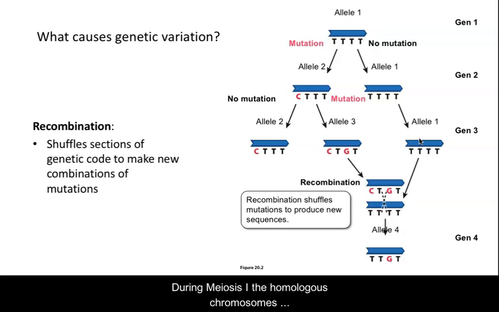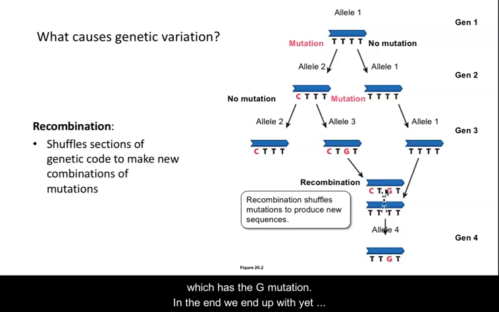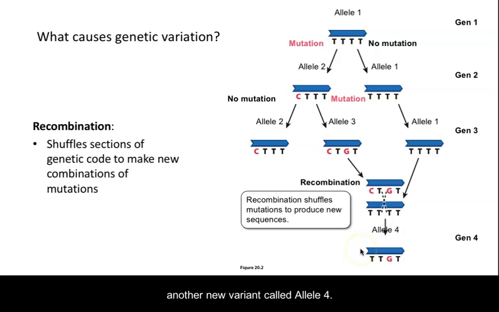During meiosis 1, the homologous chromosomes line up side by side, and through crossing over, they exchange sections of DNA. In this simplified example, the TT from allele 1 is exchanged for the same section from allele 3, which has the G mutation. And in the end, we end up with yet another new variant called allele 4.